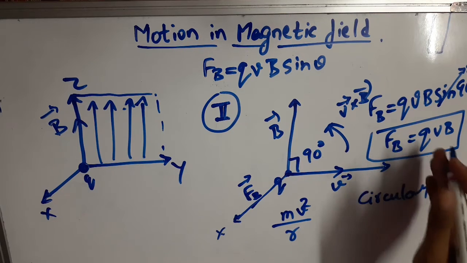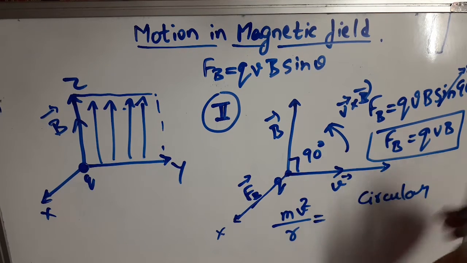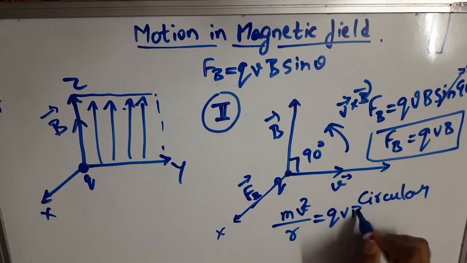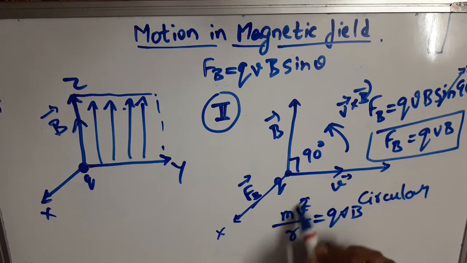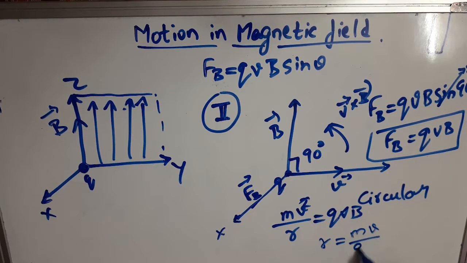If this force balances the magnetic force, we equate these two forces, which cancels out one v. Solving for r, we have r equals mv by qB, or we know that mv is nothing but the momentum, so r equals p by qB. So the radius of the circle described by this charged particle is given by this equation.